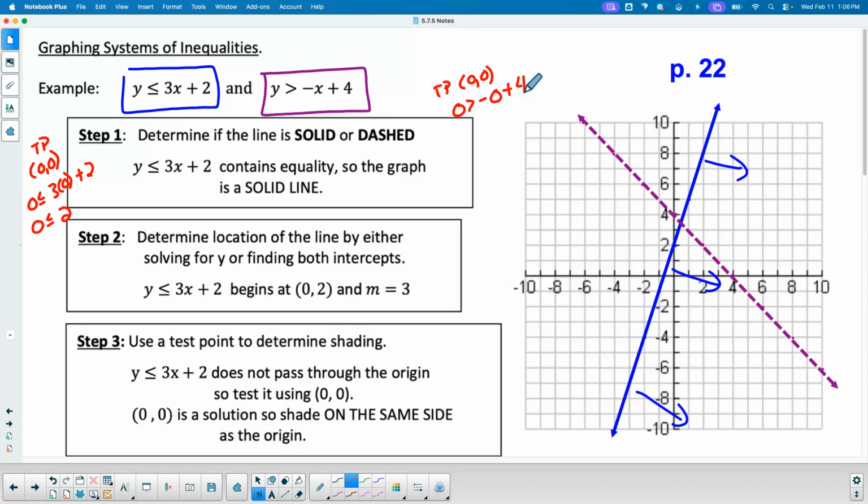Negative of 0 is 0. 0 plus 4 is 4. Is 0 bigger than 4? No, that's a no. So we're not going to shade on the side of the origin. We're going to shade on the other side.